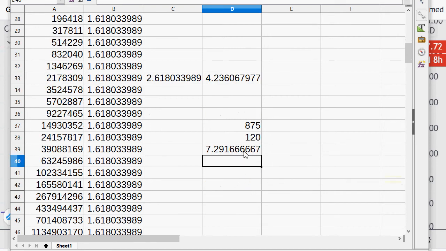Anyway, so 7.29 is the gain differential. So that to the exponent of 1.618, multiply the low, would get us about 3,000.